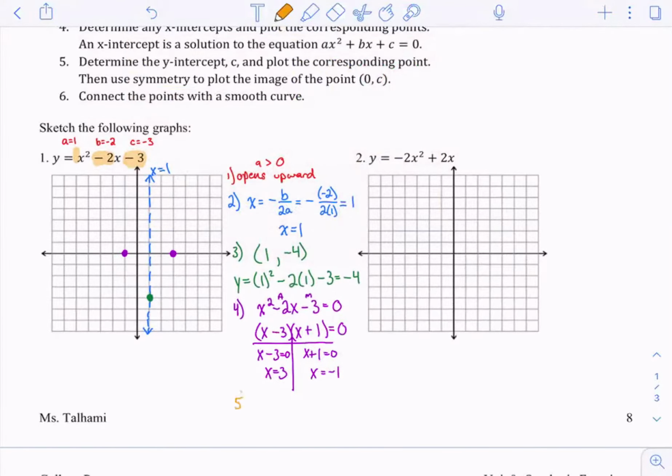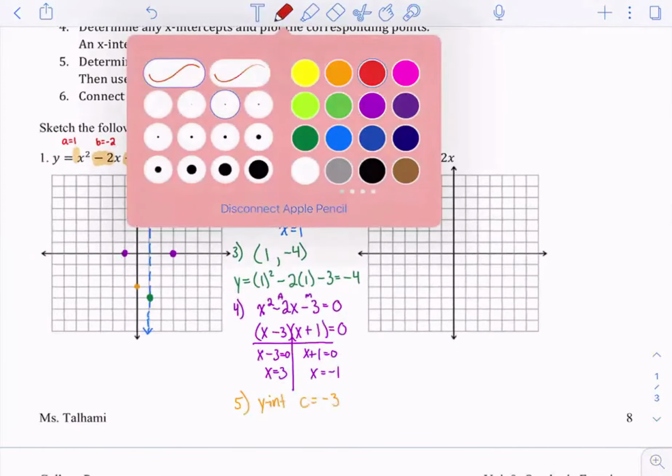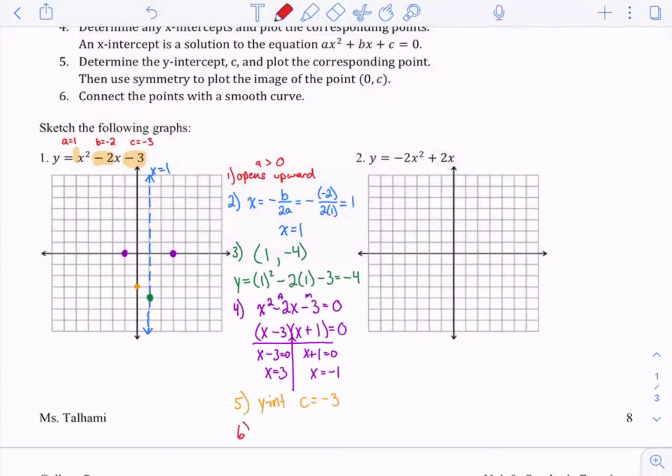Then my y-intercept is my c, which in this case equals -3. So that's right here. And then step 6 is to sketch it by connecting those points.